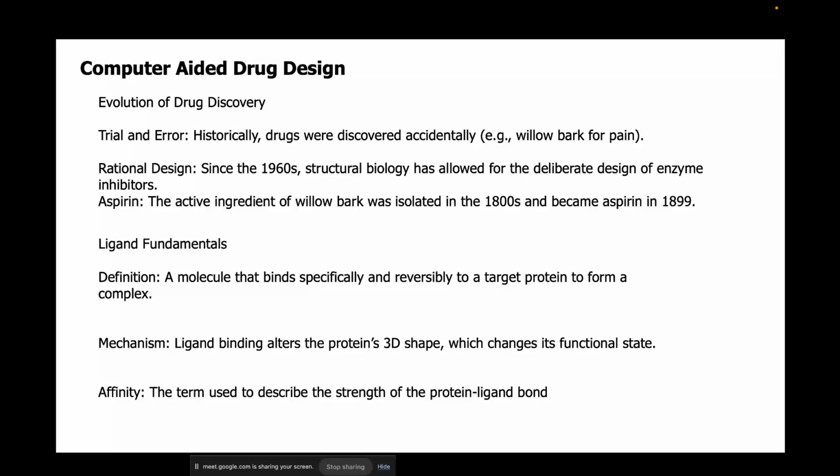If you want to inhibit a particular enzyme, you need to design your drug in such a way that it mimics the substrate of that enzyme, so that competitive inhibition can occur, so that your drug will competitively inhibit the actual substrate from going and binding to the enzyme. That is the deliberate design of enzyme inhibitors.